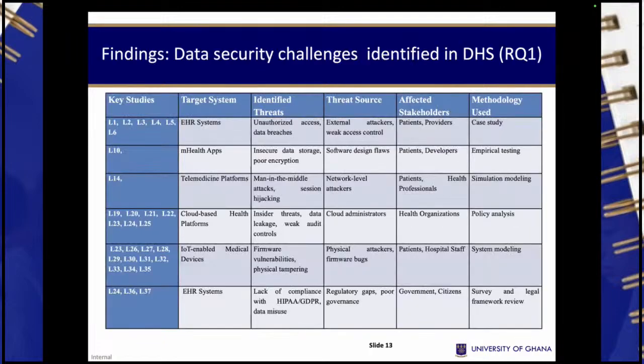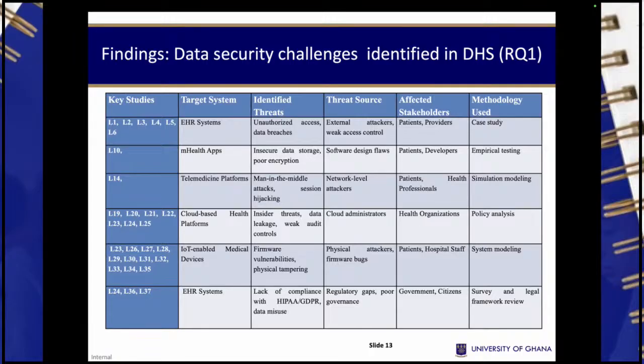So the findings, with respect to question 1, looking at the threats and challenges in data security. When you look at the left-hand side, the first column talks about the key study, and we labeled our articles with just a code for us to easily understand. So we call it L1. When you see L1 on my left-hand side, it corresponds to the third column, identified threat.